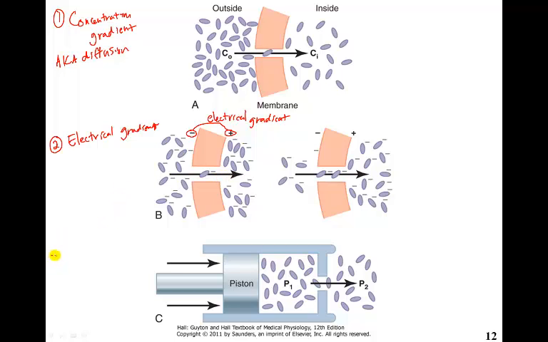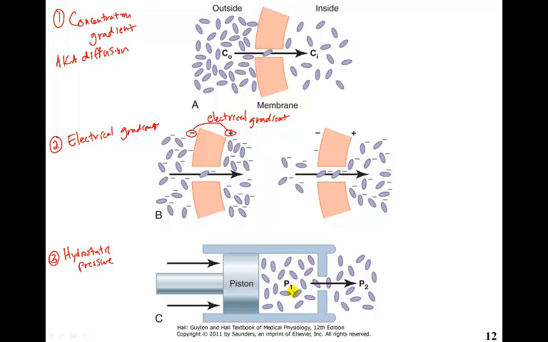The third force that drives the passive movement of molecules in the body is hydrostatic pressure. This is probably fairly intuitive. If you put physical pressure on molecules and squish them in one location, they're going to want to move toward another location. If you squeeze a soda bottle, you increase pressure on the molecules in the bottle, and they're going to want to squirt out and go away from this high pressure.